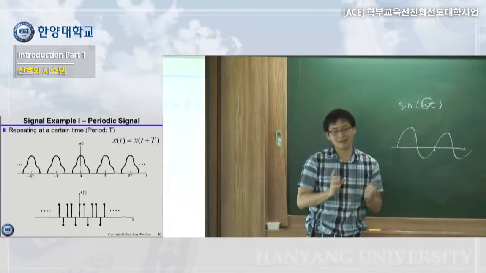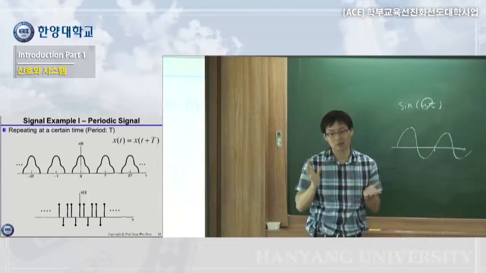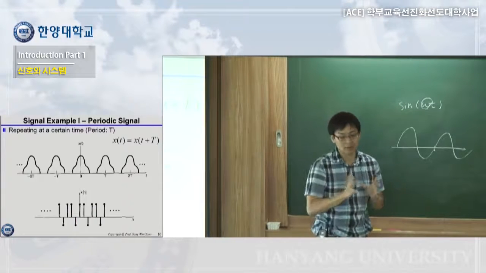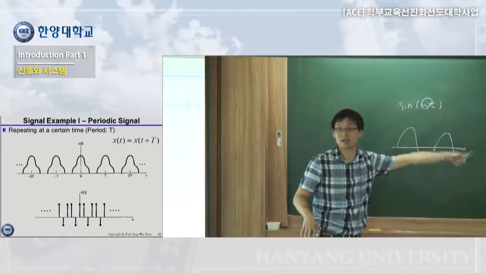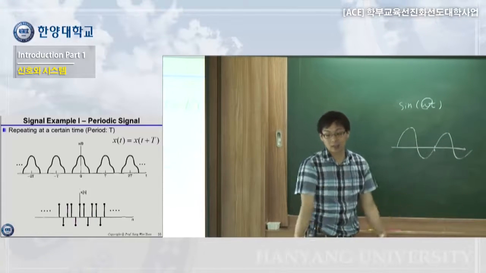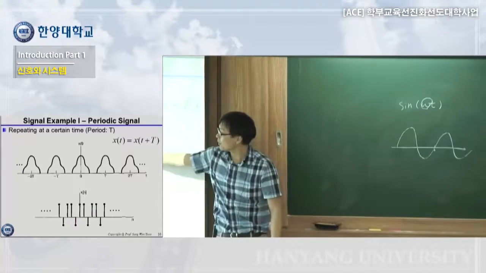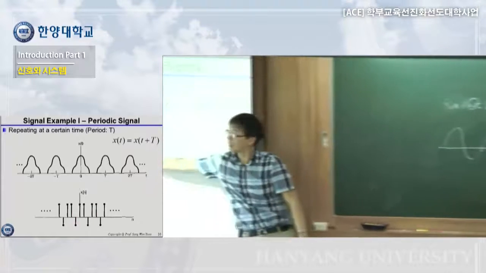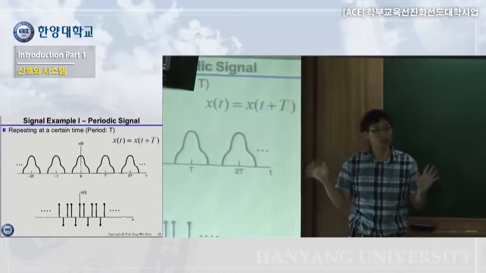But when I learned signals and systems, I sometimes misunderstood a little bit because I thought that sine waves keep on waving like this, but actually they are not. Let's see the first example. This shape keeps on repeating, right? So that's pretty understandable.